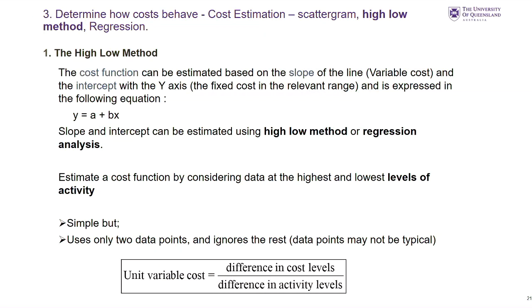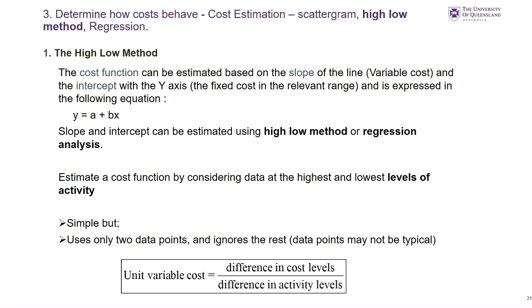The approach that you're going to have to be able to do is the high-low method. Now, this is a very simple way of using two data points to estimate the cost function. So what we're trying to do is create this equation to describe the cost. So remember, Y is your total cost, A is your fixed cost, BX is your variable cost total.